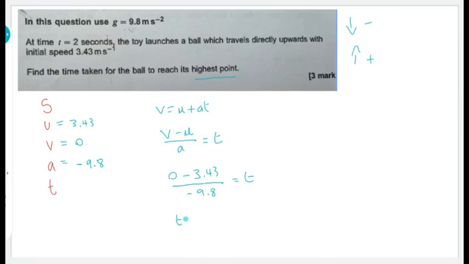So therefore t equals, and then we use our calculator. About 0.35. Oh, perfect. Okay, 0.35. Is it exactly that? Yeah. Nice. So t equals 0.35 seconds.